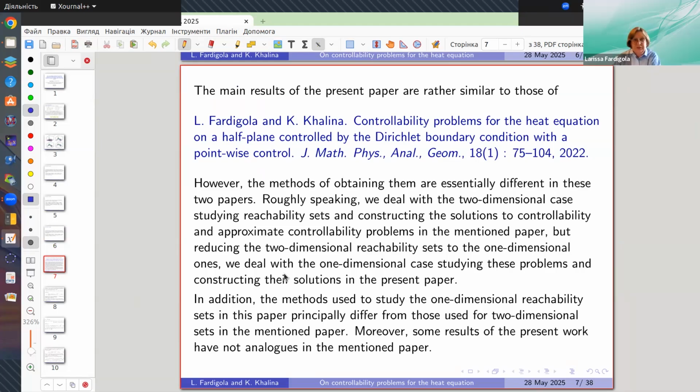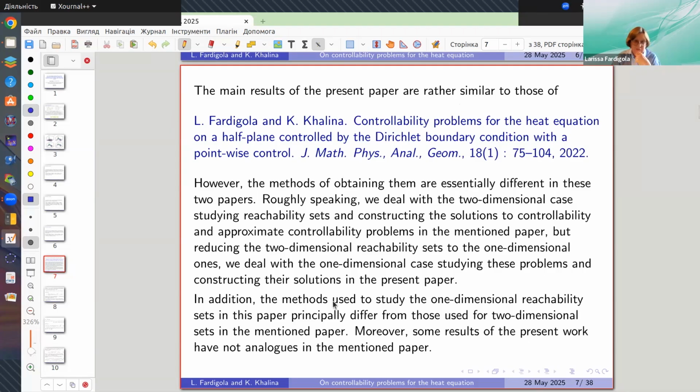However, the methods of obtaining the results are essentially different in these two papers. Roughly speaking, in the paper I mentioned above we deal with the two-dimensional case, studying the reachability set and constructing the solutions to controllability and approximate controllability problems. But in this paper, we reduce the two-dimensional reachability set to a one-dimensional reachability set and deal with the one-dimensional case, studying these problems and constructing the solution.